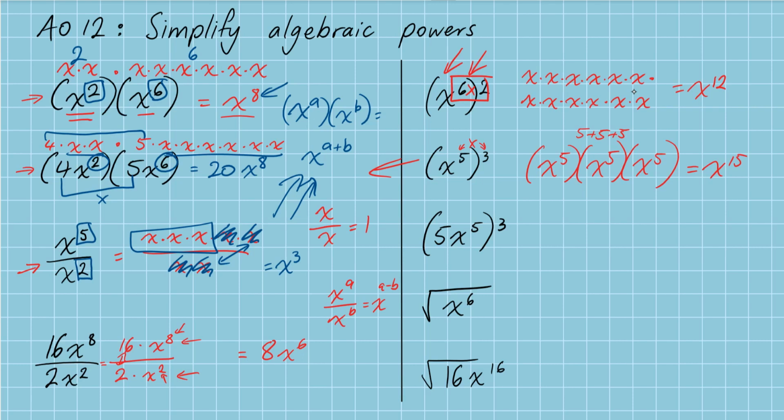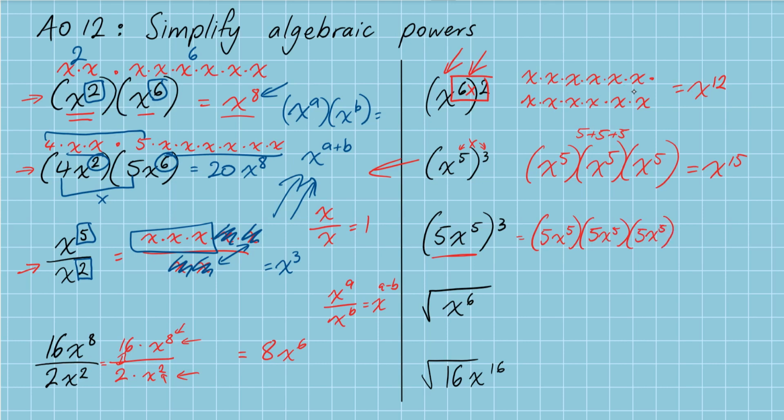Last one. Let's have a look at this last multiplication one. So I'm doing 5x to the power of 5, all to the power of 3. It's a mouthful sometimes. 5x to the power of 5, 5x to the power of 5, 5x to the power of 5.